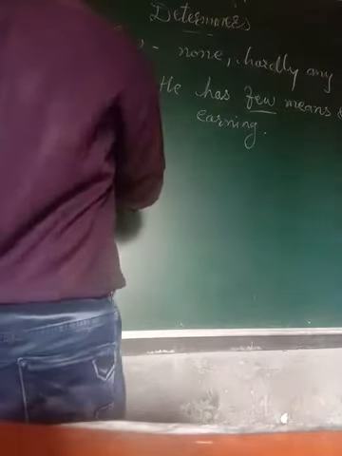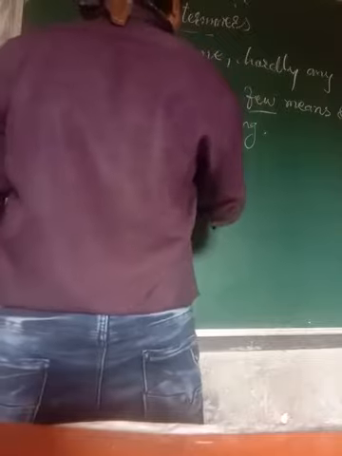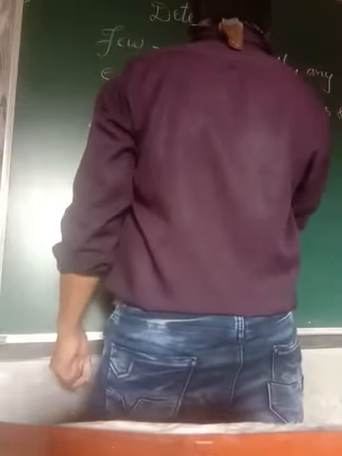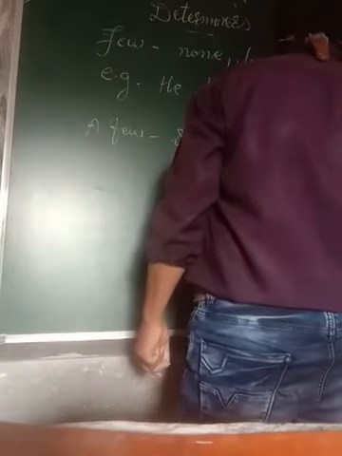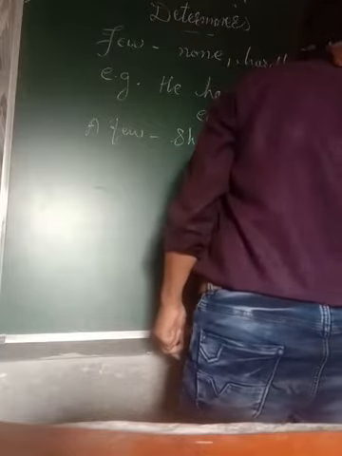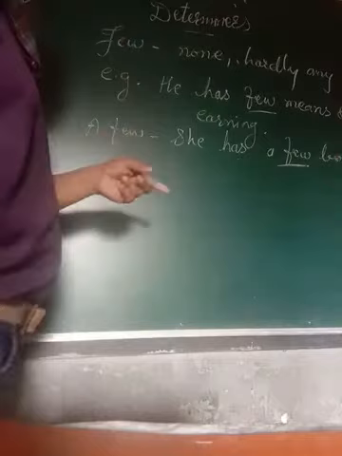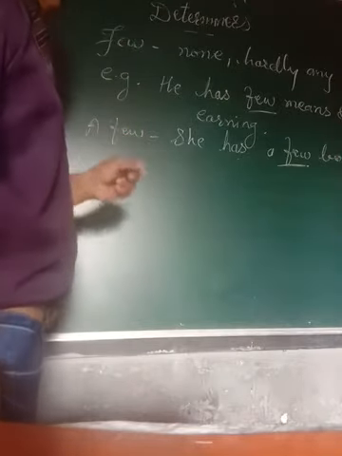Another example, a few. What does that mean? She has a few books. A few books here, because when it comes with the article a, it means something, means some.